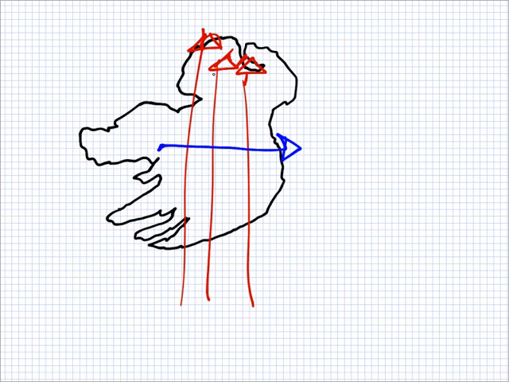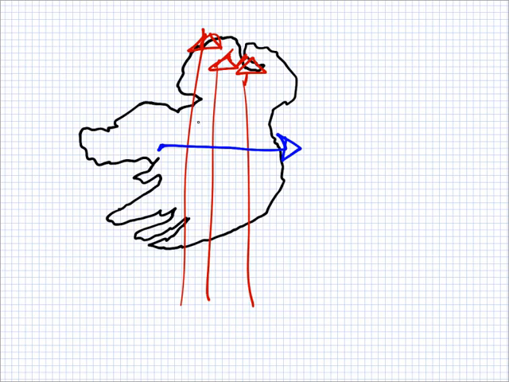The force will come to us. Oh wait, wrong hand. Alright. Okay, so the force is towards you, so that means the proton will move up into the sky. Yeah, so the proton moves into the sky.